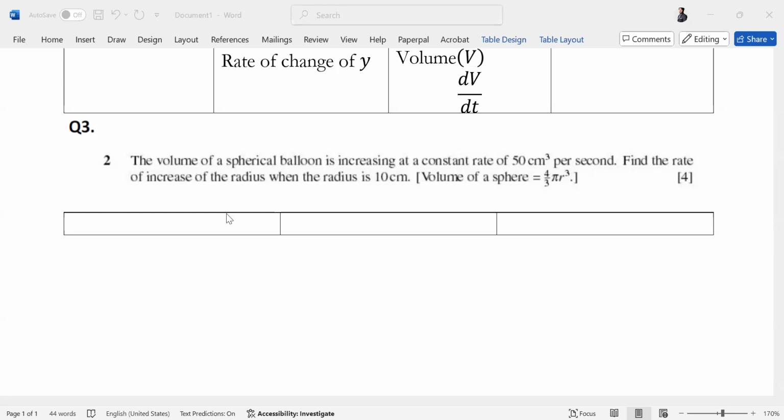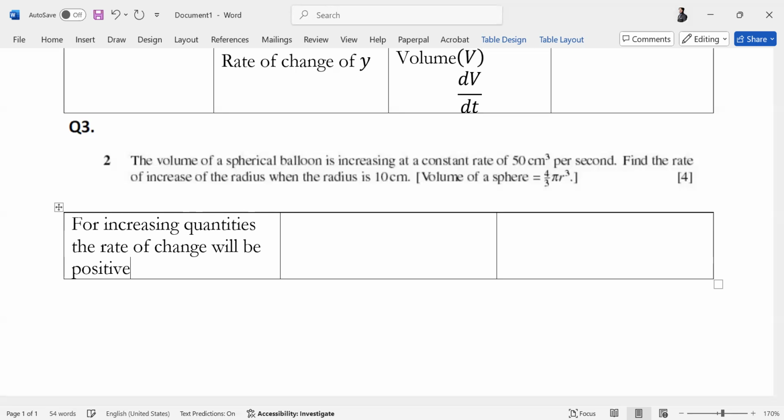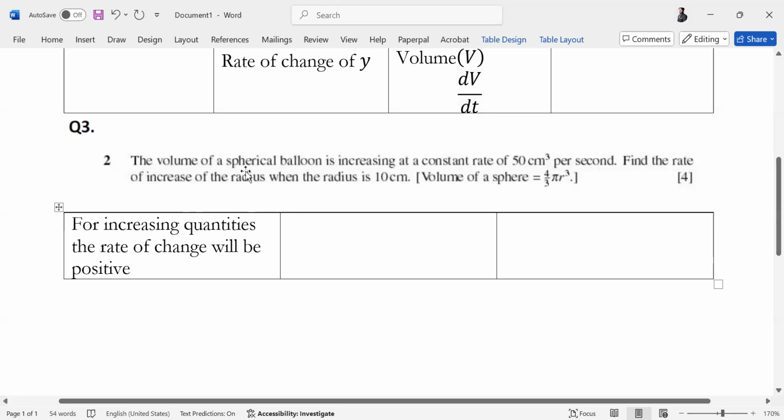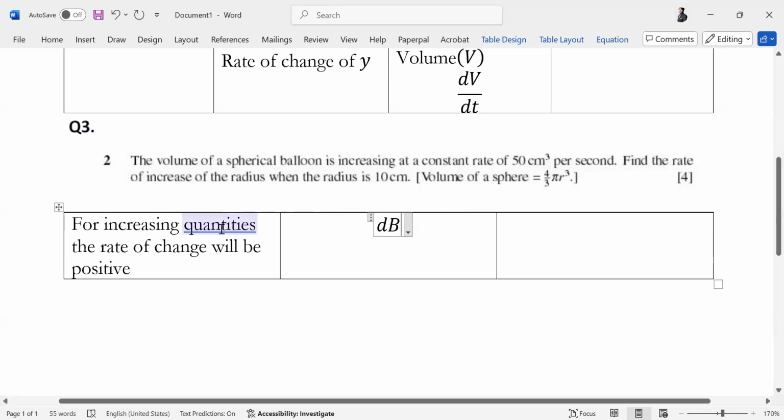So for increasing quantities, is this clear? So they are telling me that the balloon की जो volume है, let me call volume V, it is increasing at a constant rate of 50 centimeter cube per second.